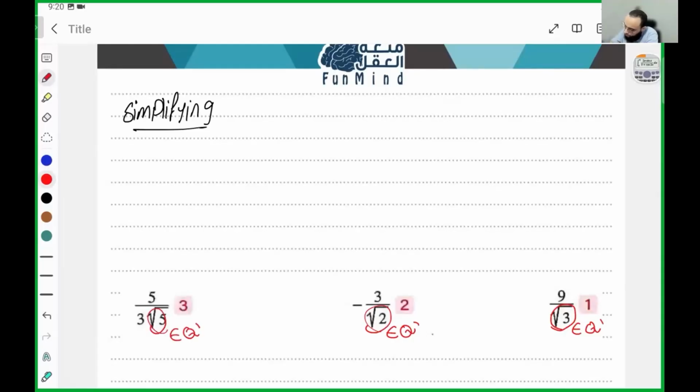So what we have to do, if you have a question like 9 over root 3, its denominator belongs to Q dash. What we should do, to get rid of this denominator and write instead of it a real number, is multiply this number by another fraction, its numerator and its denominator like the denominator that we want to get rid of.